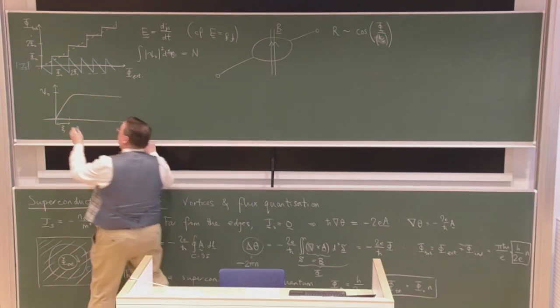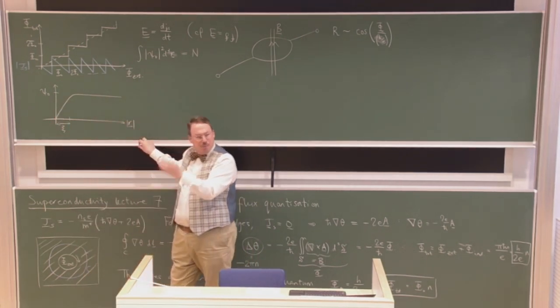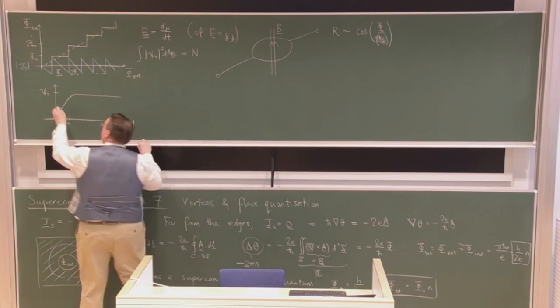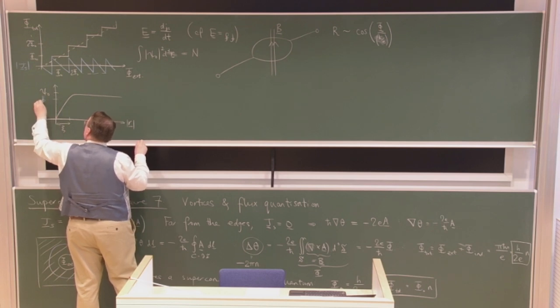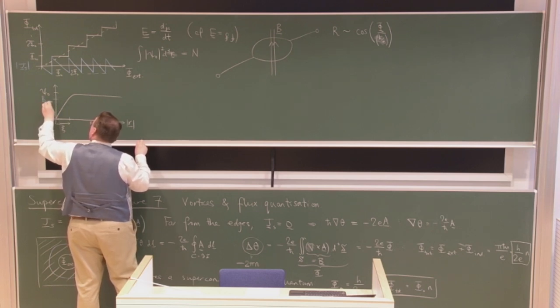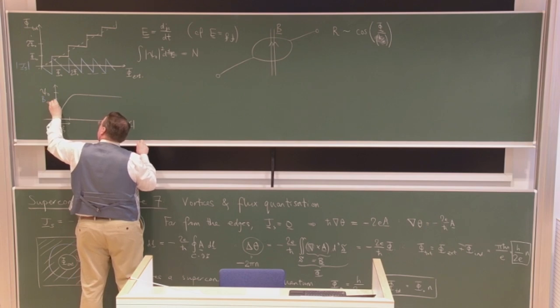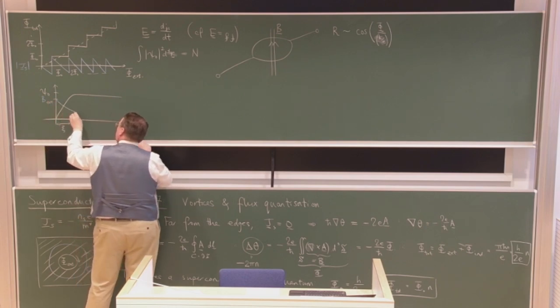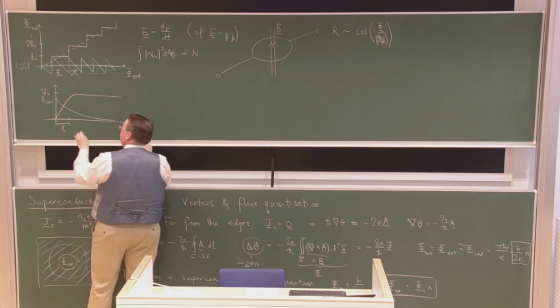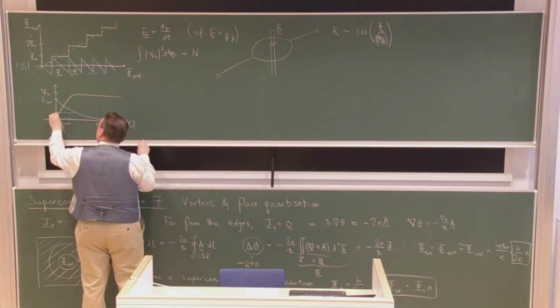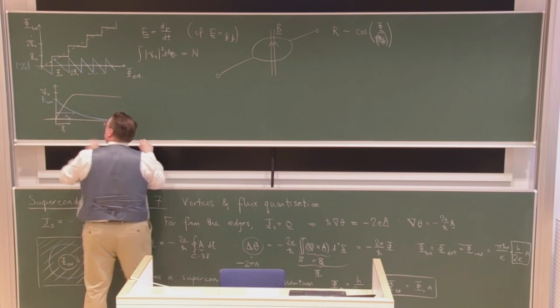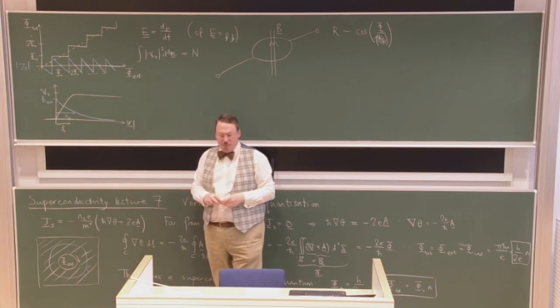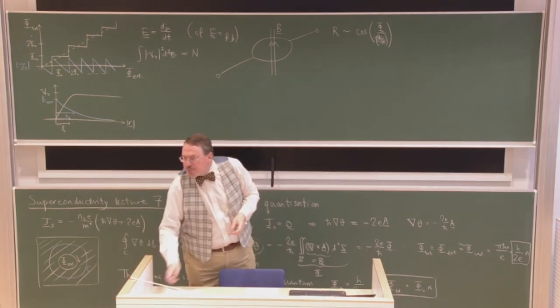And we've also calculated, just copying our result from the boundary Meissner effect, that an applied field will decay exponentially as we go into the bulk of the superconductor, and it will decay on a length scale given by the London penetration depth.